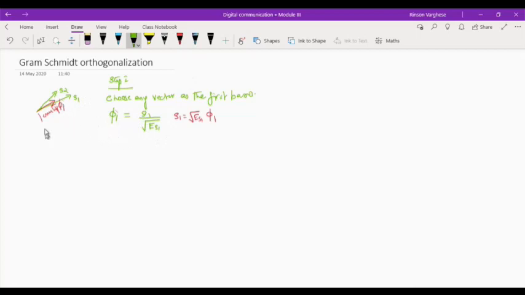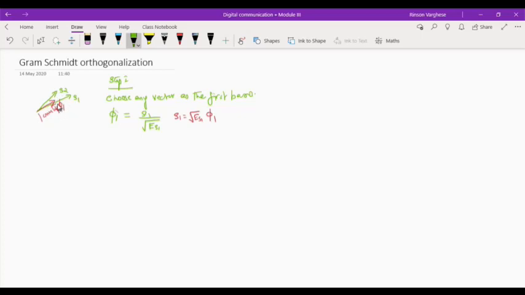To find the second basis, what you have to do is find the contribution of this signal s2 in the direction of the first basis. You might have done these things in your basic mechanics course. You have two vectors, find the projection of one vector on the other.